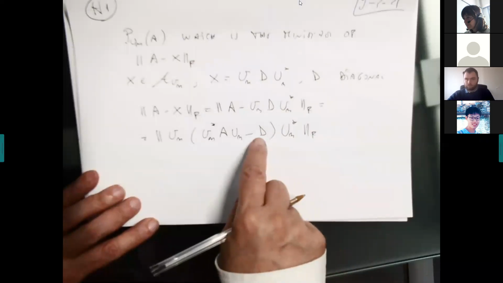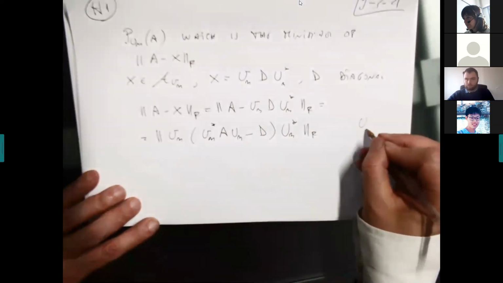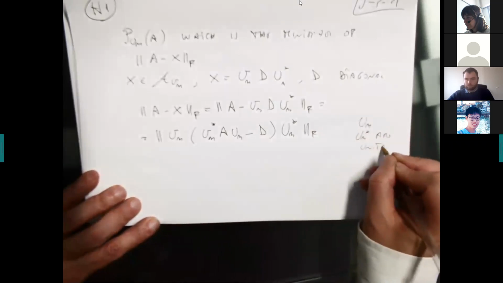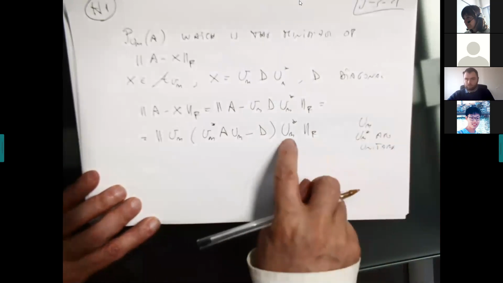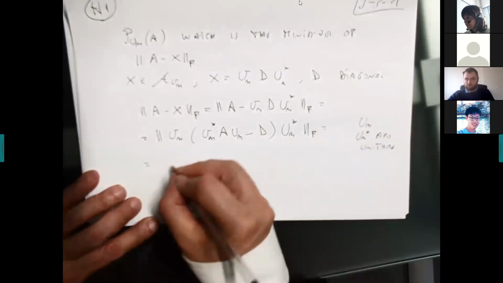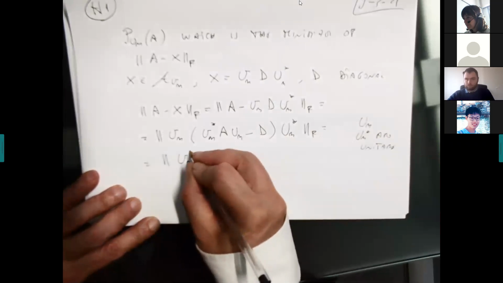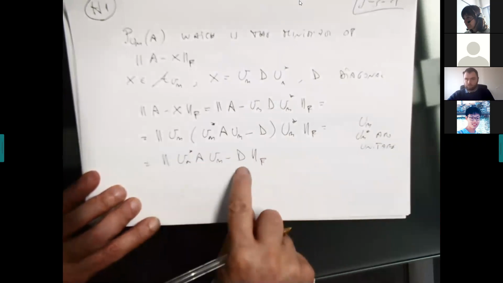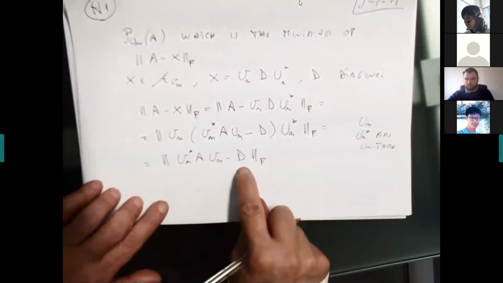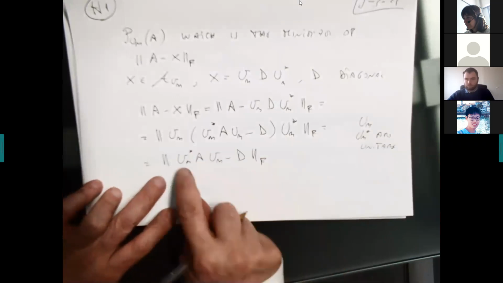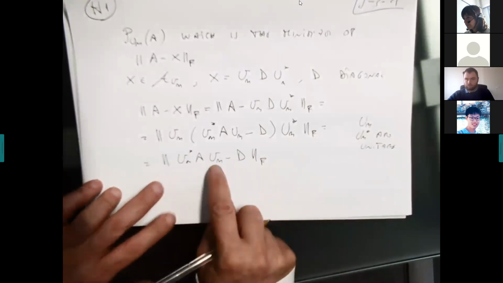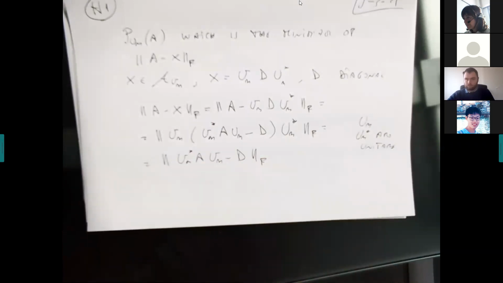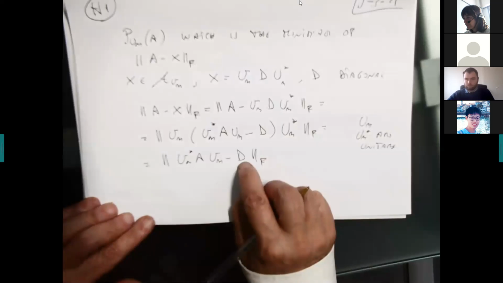So I isolate the unknowns. But U_n and U_n star are unitary, and the Frobenius norm is unitarily invariant. So the norm of this is equal to the norm of U_n star A U_n minus D, and I have to minimize over all the diagonal D. When I compute the Frobenius norm of this difference, outside the diagonal I cannot do anything because D is diagonal. But on the diagonal I can do something.